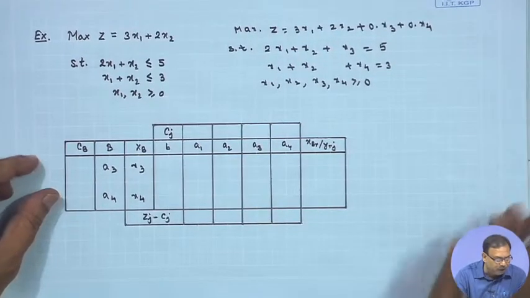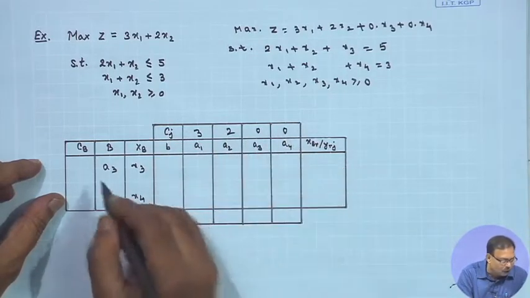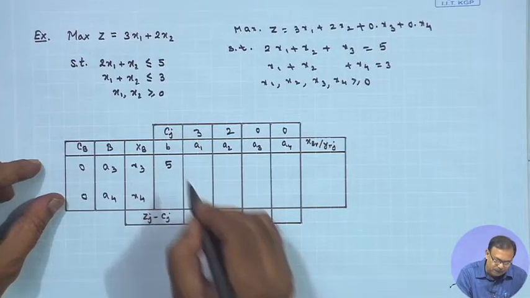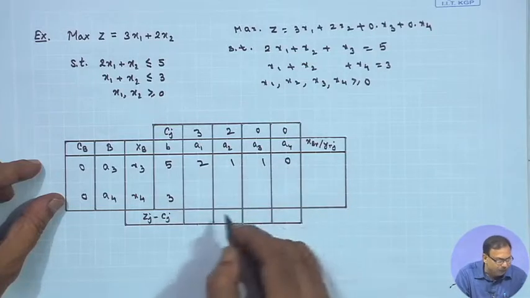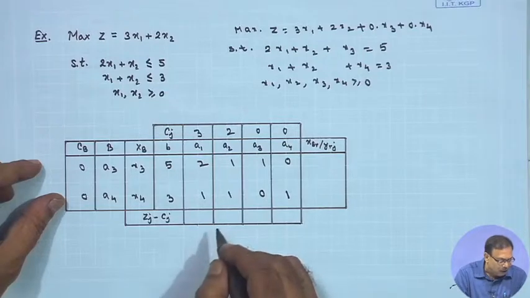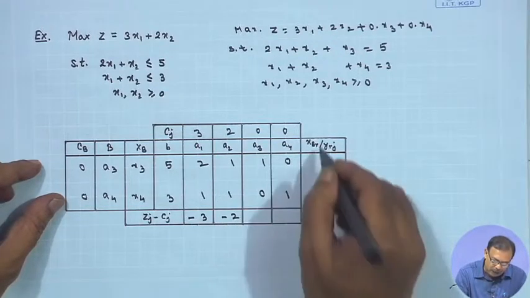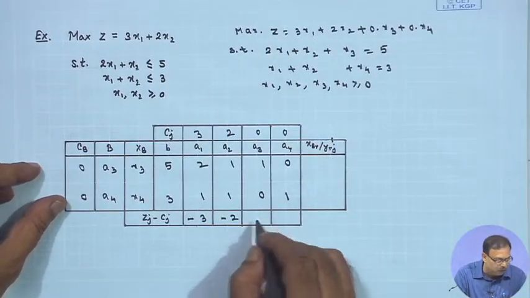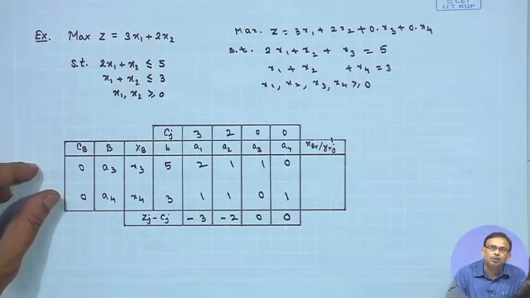So, it is 3 2 0 0, your values are 0 and 0. Your b value is 5 and 3. So, 2 1 1 0 and 1 1 0 1. Your z j minus c j is minus 3 minus 2 0 0. The ratio is not required at all here.